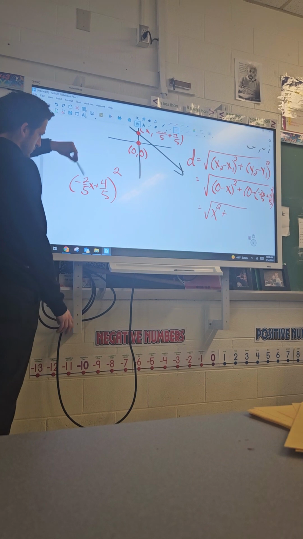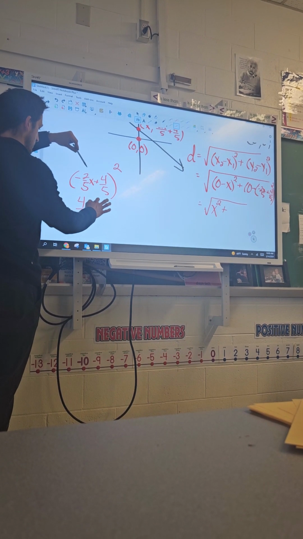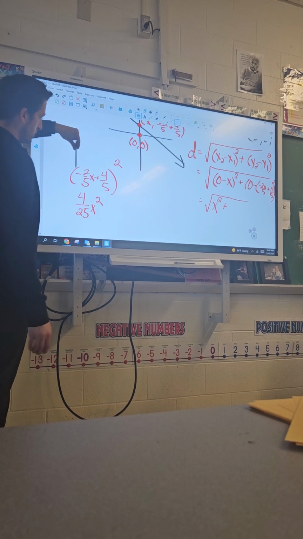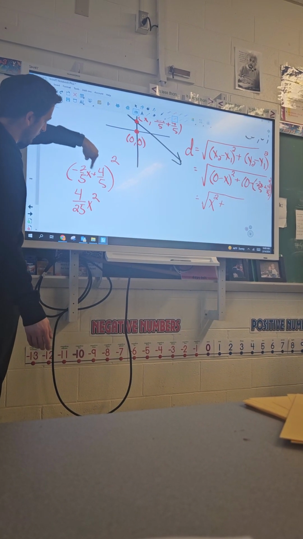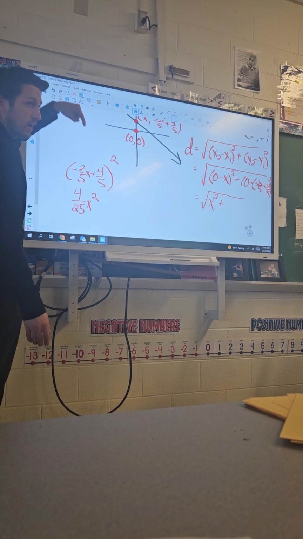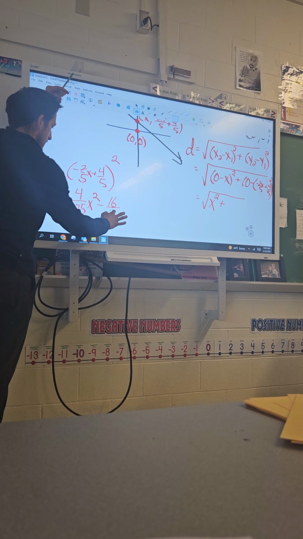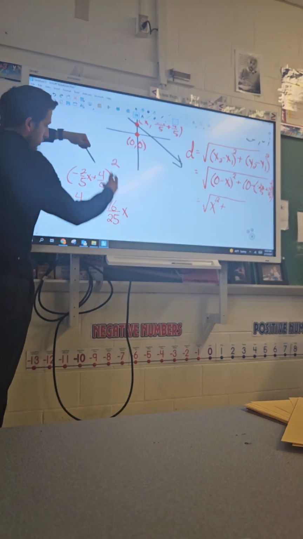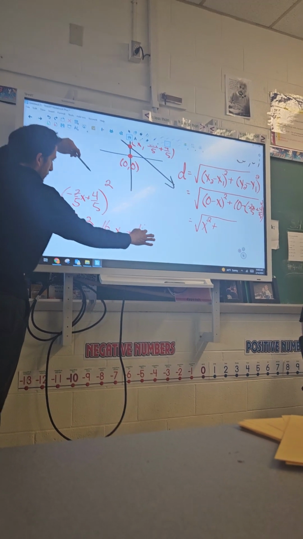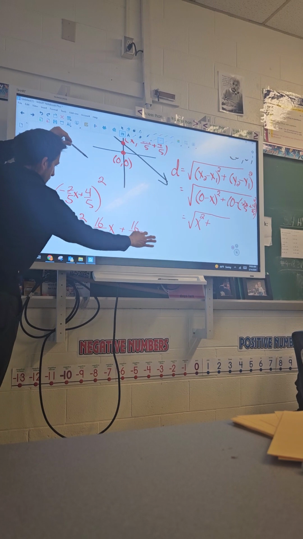So I gotta square this. Multiply these together and double it. If I multiply it, I'll get negative 8 over 25. Double it. Negative 16 over 25 x. And then square the last one. 4 times 4, 5 times 5.